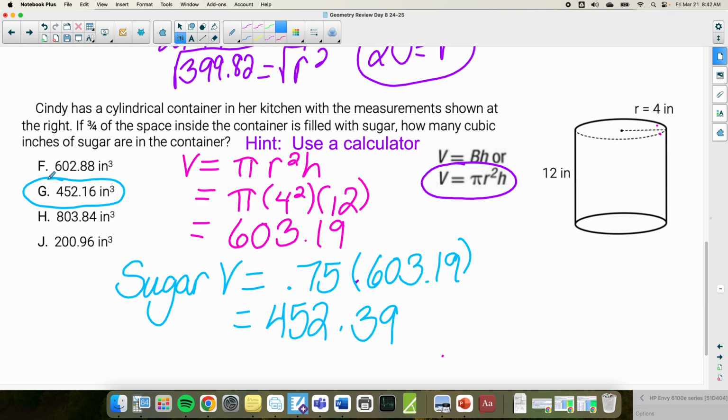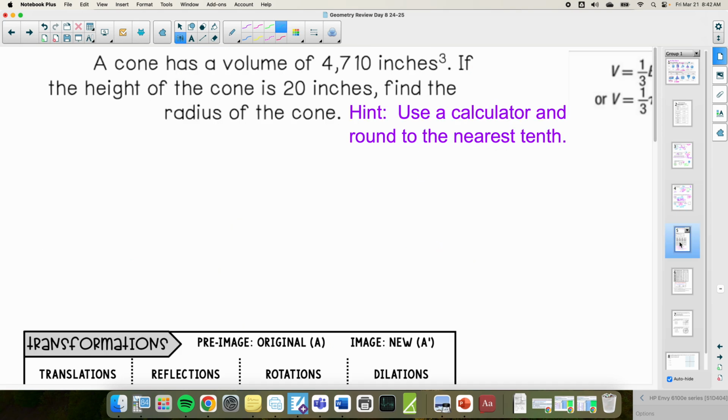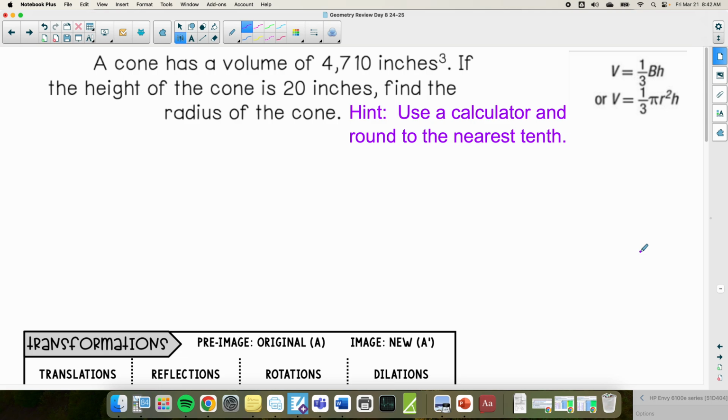Okay? All right. Now, if we go to this page, again, we have a cone, and it has a volume of 4,710 inches. If the height of the cone is 20, find the radius of the cone.